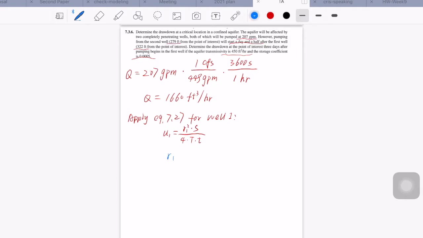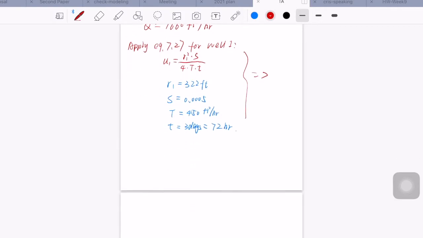And we know R1 is 322 feet, S is 0.0005, and T is 450 square feet per hour. And we know the time should be equal to 3 days, which also equals 72 hours. So now we can determine that U1 should be equal to 4 times 10 to the power of negative 4.